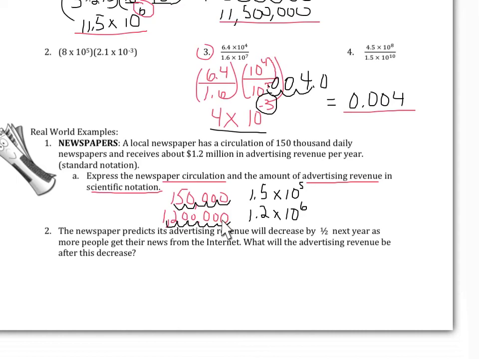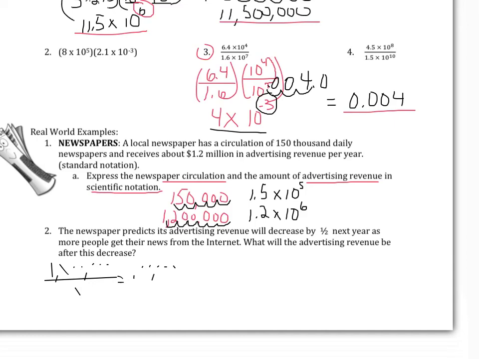But for number 2, they say the newspaper predicts its advertising revenue will decrease by 1/2 next year as more people get their news from the internet. So what will the advertising revenue be after this decrease? Well, if the advertising was 1,200,000, if they're saying it's going to be half of that, we're going to divide it by 2 and get 600,000.